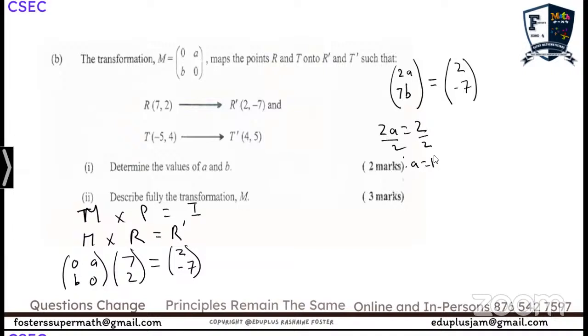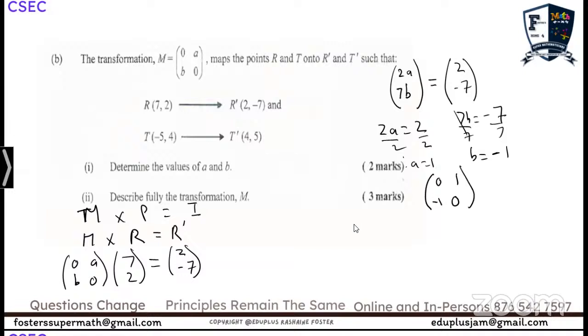Therefore A is equal to 1. And on the other one, 7B is equal to -7. So I divide both sides by 7. B is equal to -1. So A is 1, B is -1. And that means that the transformation is 0, 1, -1, 0.